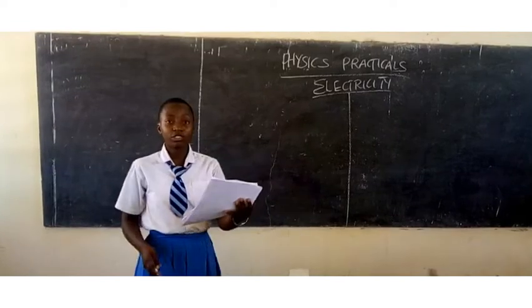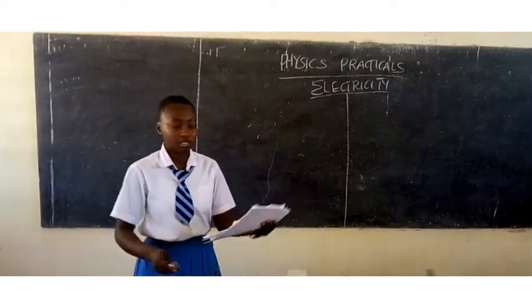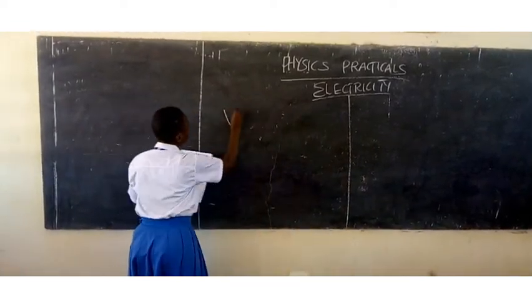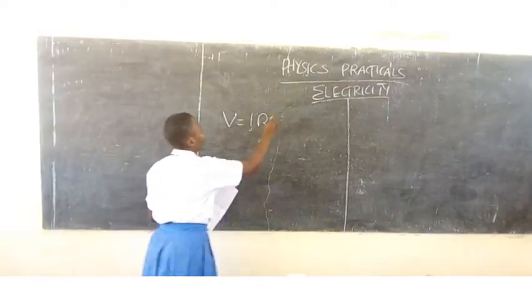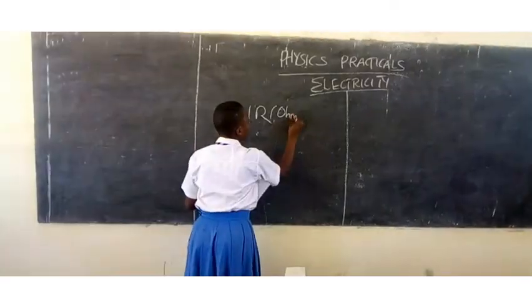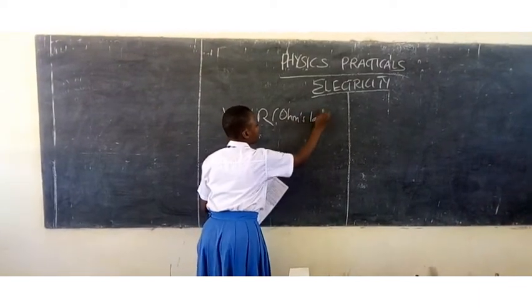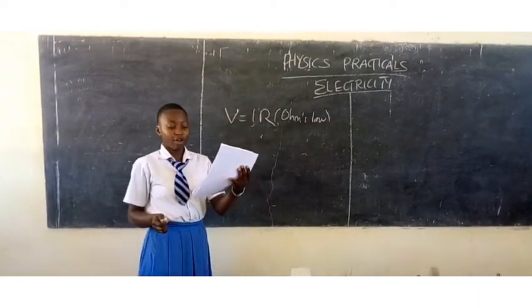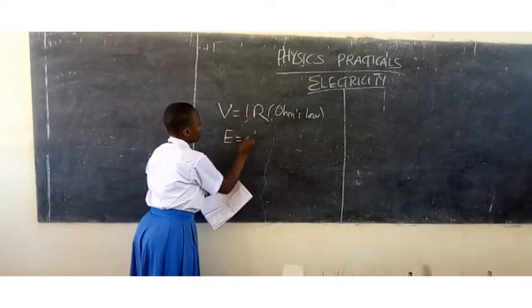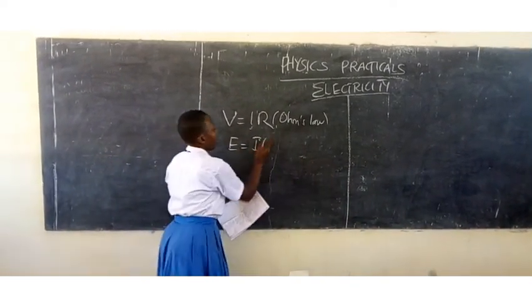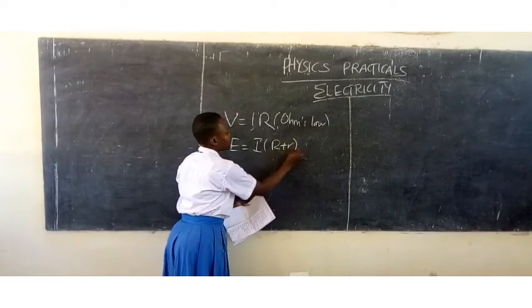In our practicals, we're going to use various equations. We have V equals IR. This is Ohm's law. Also, we have our general equation of electricity, which is E equals I(R plus r).